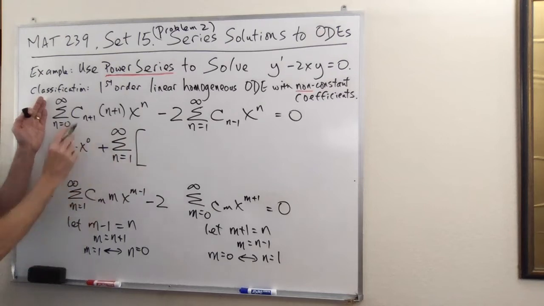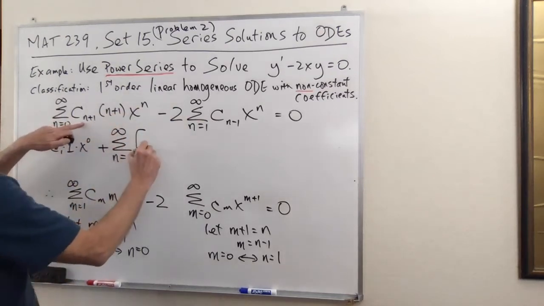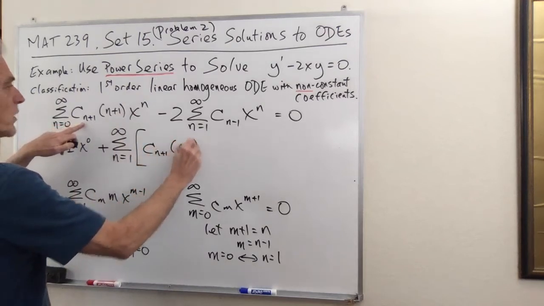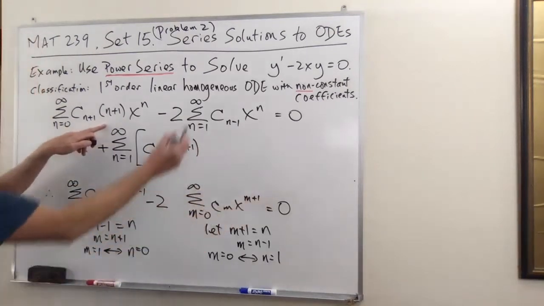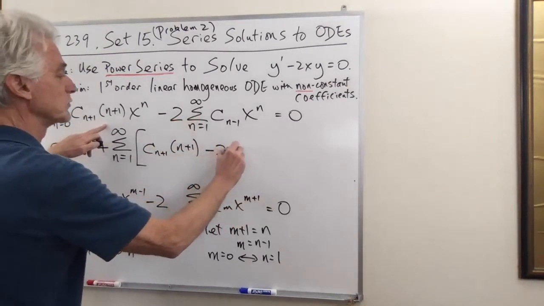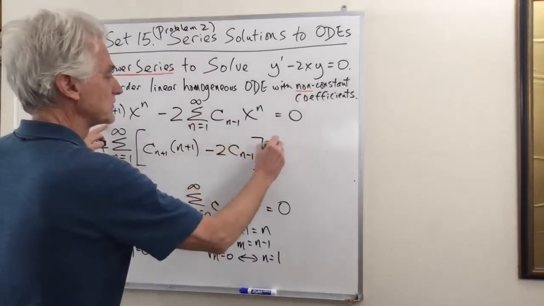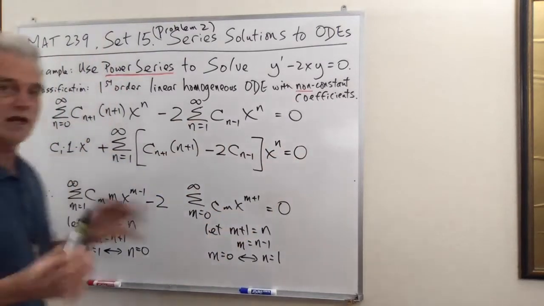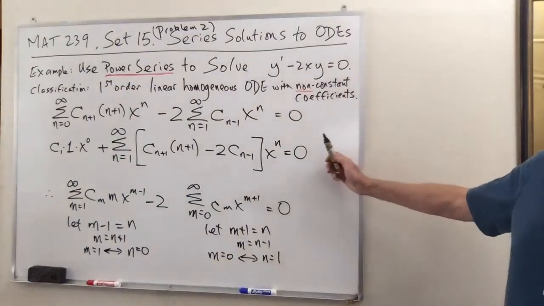And now I can combine the two terms. So what do I get here? For this term, I've got c sub n plus 1 times n plus 1. And then I'm going to factor out the x to the n. And then over here, I have a minus 2 c sub n minus 1. All that times x to the n. And that should be 0. Right? That should be 0. But this is, remember, the 0 function.